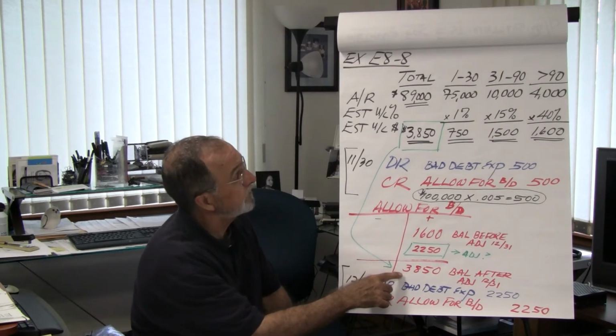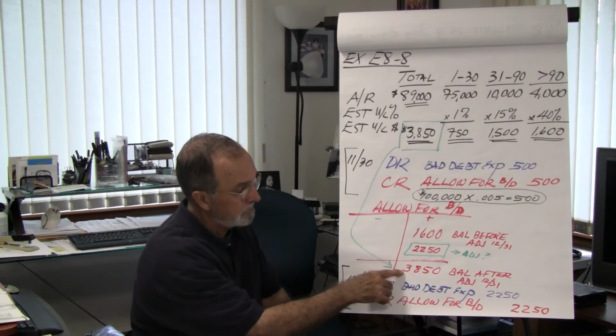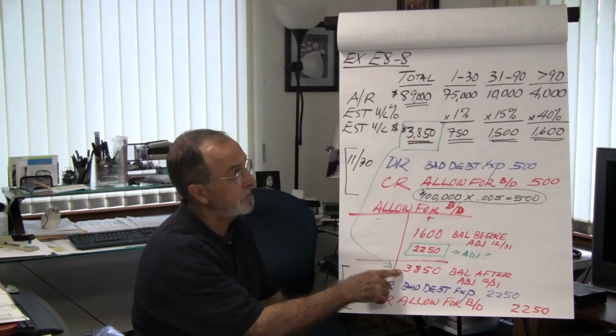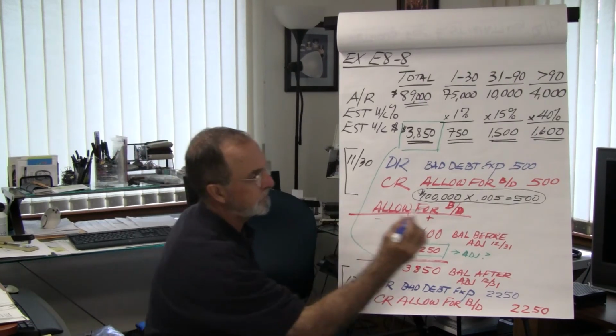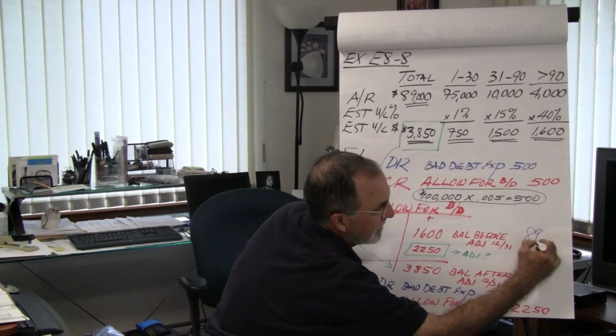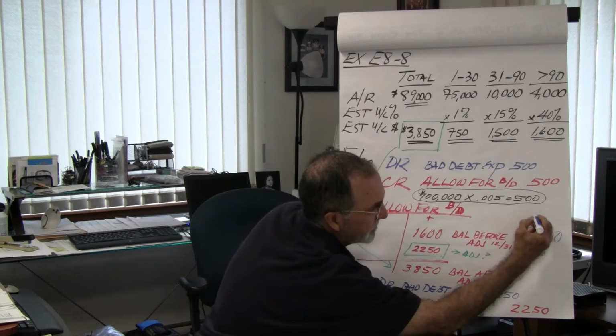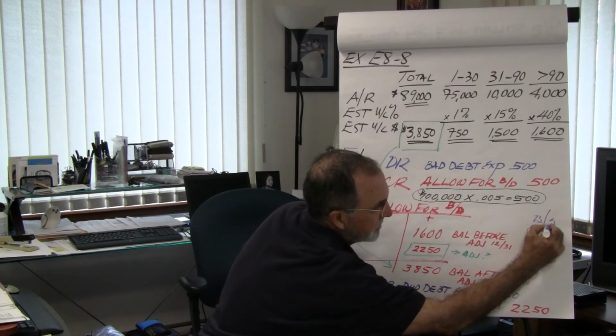And in this example, our allowance balance would be $3,850. And so our receivables will show at $89,000. This would be on the balance sheet.